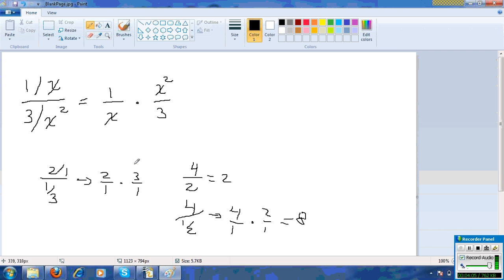Here's an easy way to remember this. Anytime you see a number being divided by something greater than 1, it's going to get smaller. Just like in the example I did here. 4 divided by 2 goes smaller to 2 because 2 is greater than 1. 4 divided by a half gets bigger because 1/2 is less than 1. And so it grows to 8.